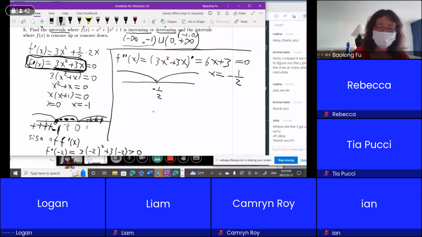Of the second derivative, take -1. Let's check the sign. 6 times -1 plus 3 is a negative number. So when you have a second derivative negative, it is concave down.